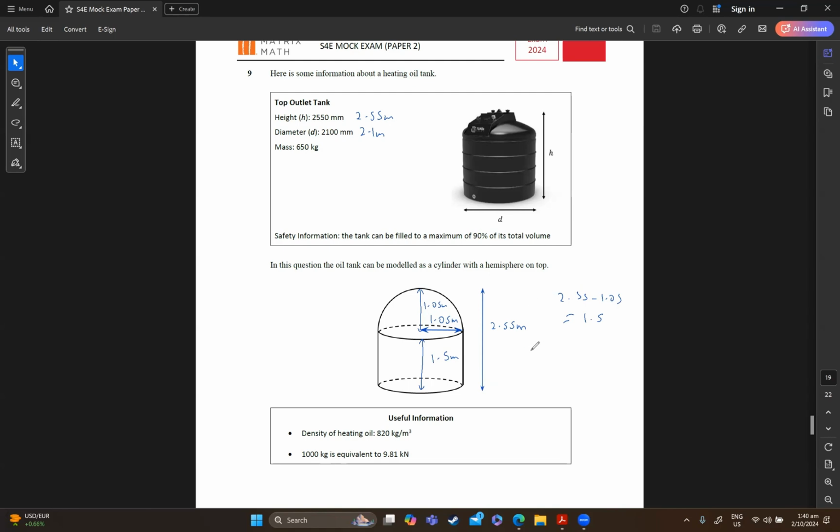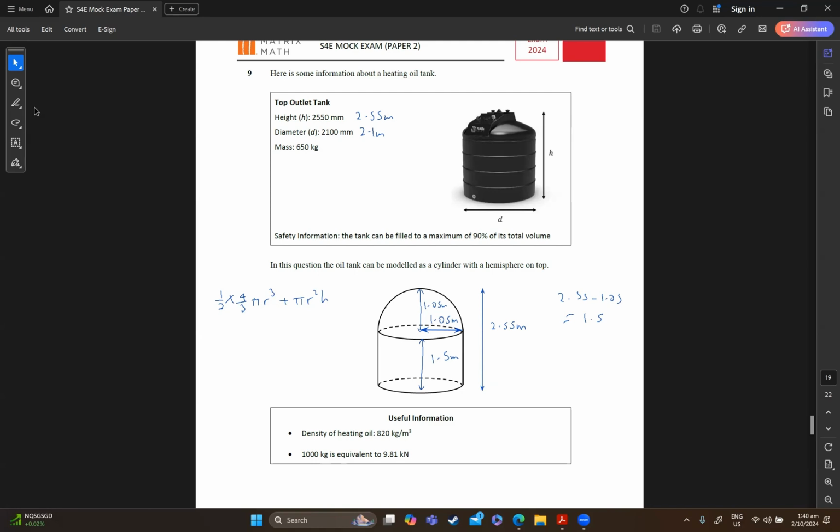Okay, so from here, all you have to do to find the volume: the hemisphere is half times 4 third pi r cubed, plus pi r square h. So you just replace the radius with 1.05, you replace the h with 1.5, and then you just calculate it.